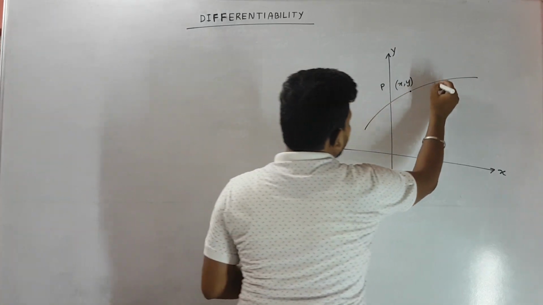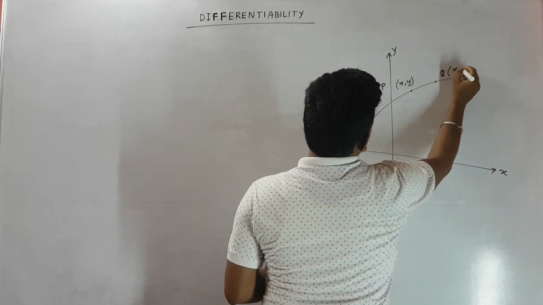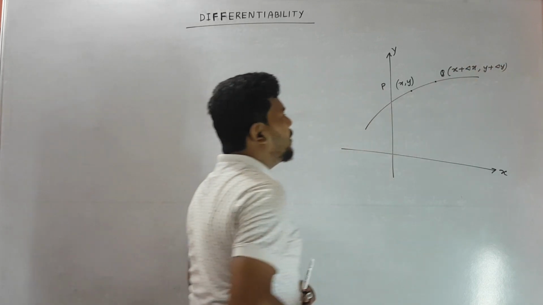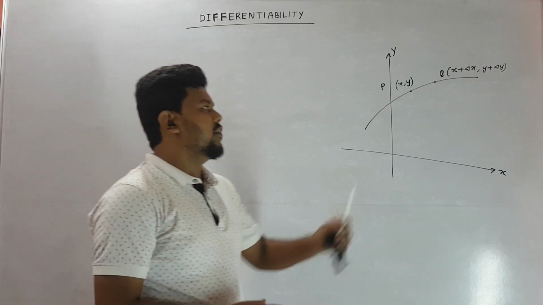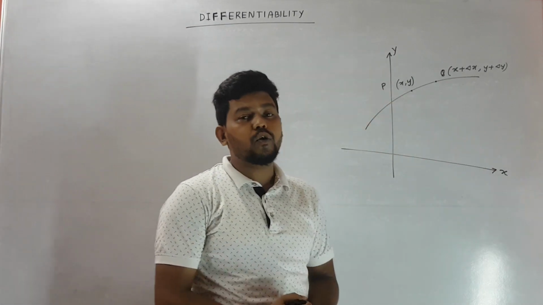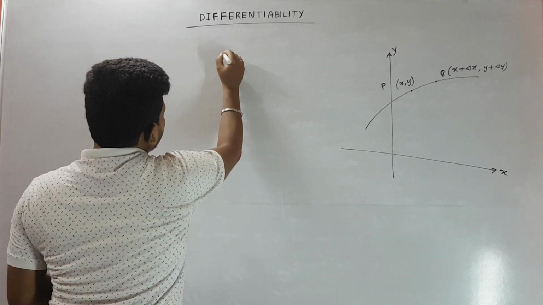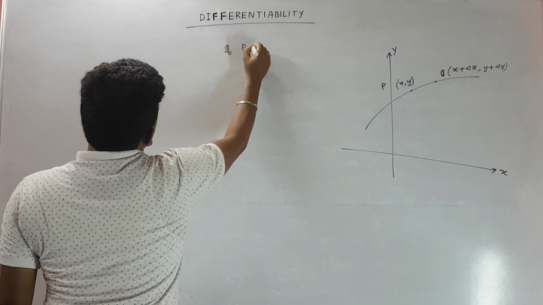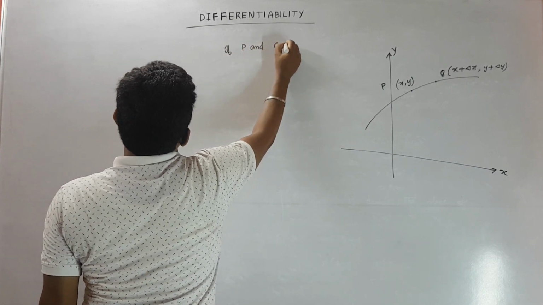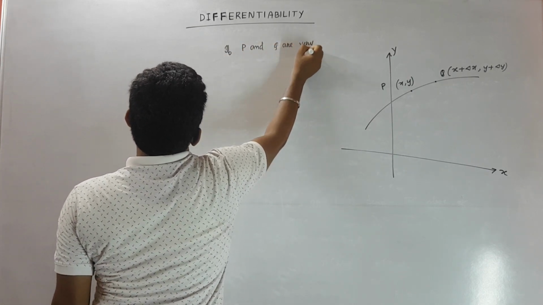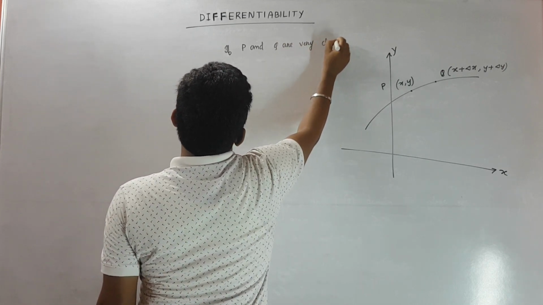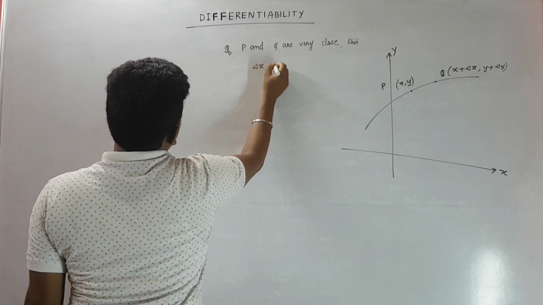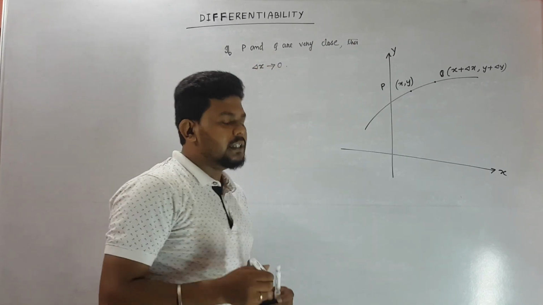Also let Q (x plus del x, y plus del y) be a point on this curve. If P and Q are very close to one another, then del x tends to 0.